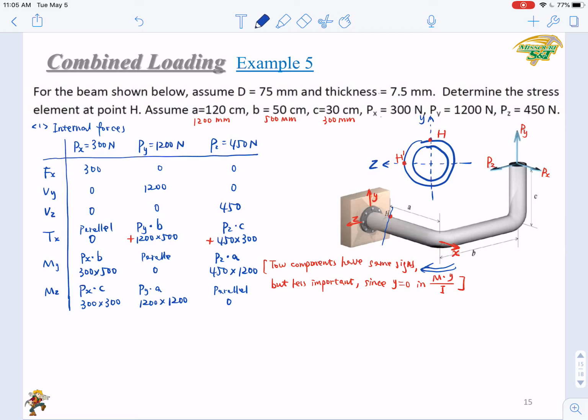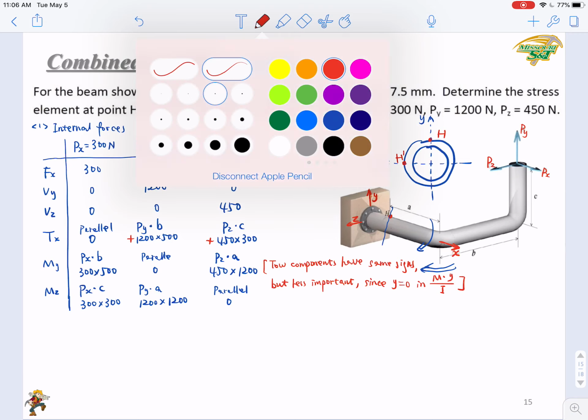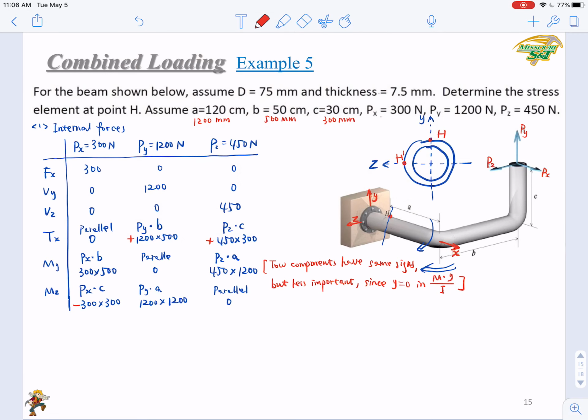Look at Px times C. Px times C will tend to bend these components in such a direction, so it will make this cantilever part cry. So this will be a negative bending moment.